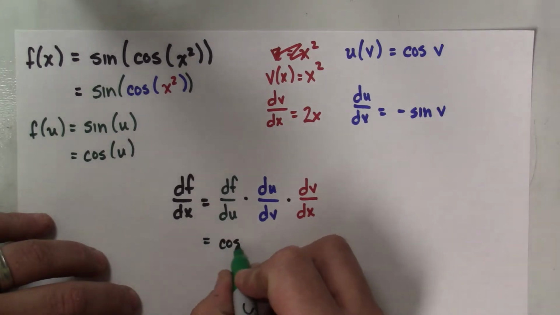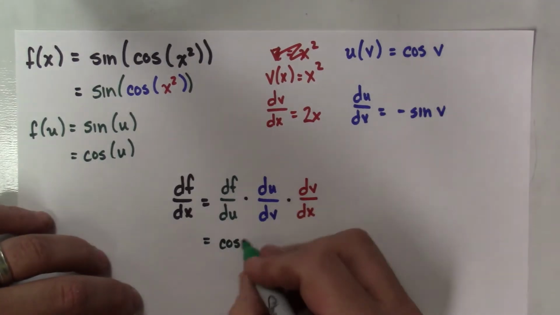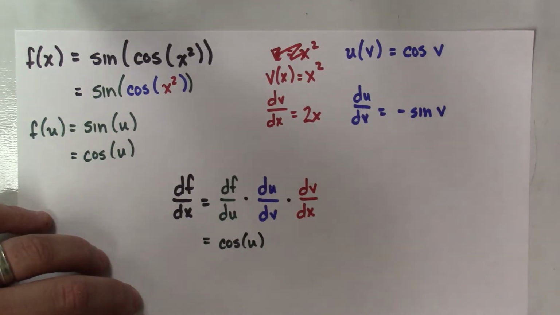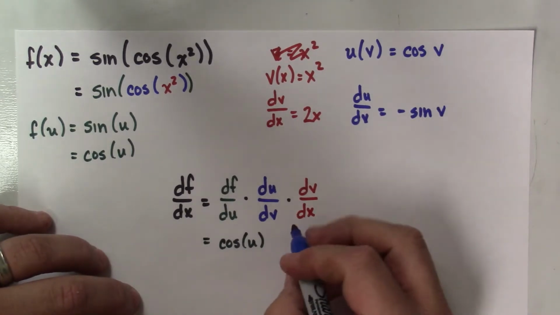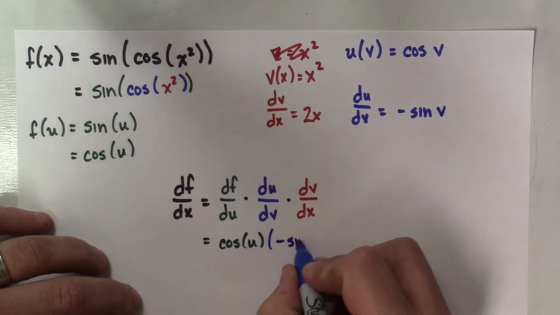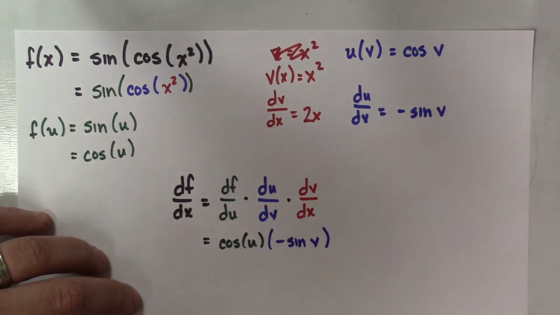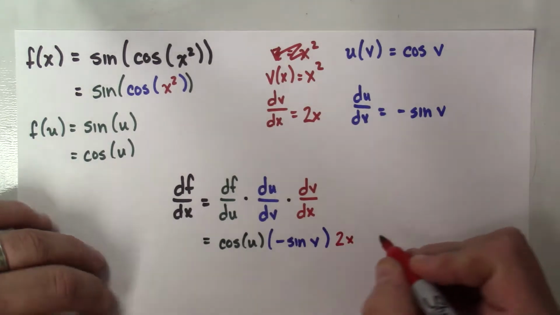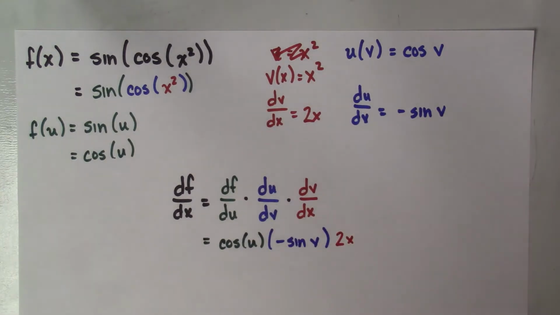So I have the cosine of u times negative sine v times 2x. Okay?